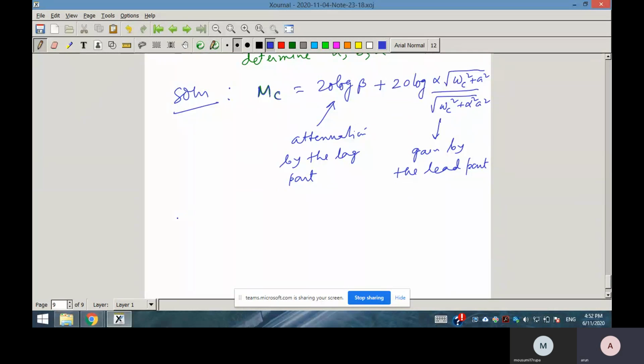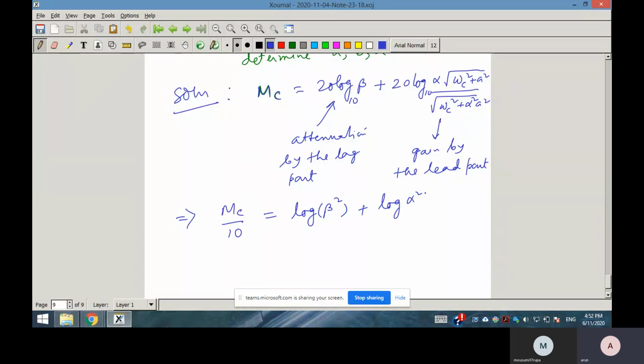So you can write Mc by 10 equal to log of beta square, base 10. All these are base 10 that I am not writing. Beta square plus log of, it will be 2 log alpha into this one. If you want to absorb the 2 here, it will be square.